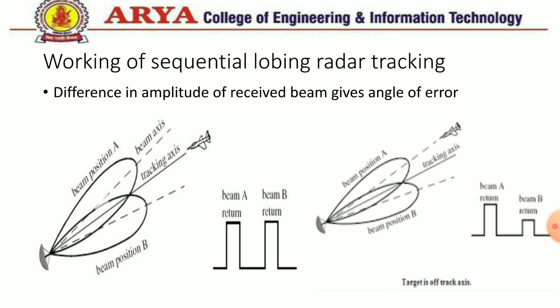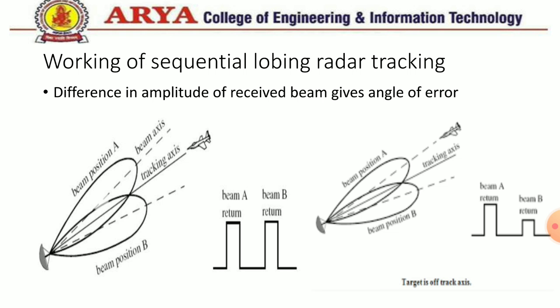This antenna has two beams. One is beam A and another is beam B. Beam A has beam axis A, and beam B has beam axis B.